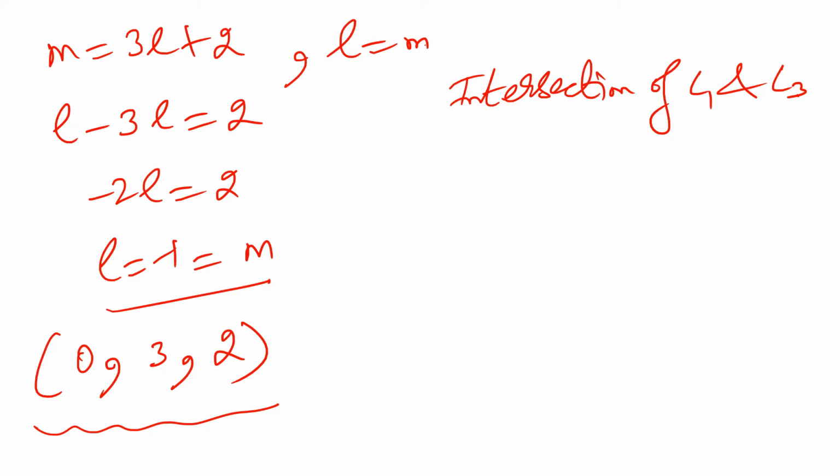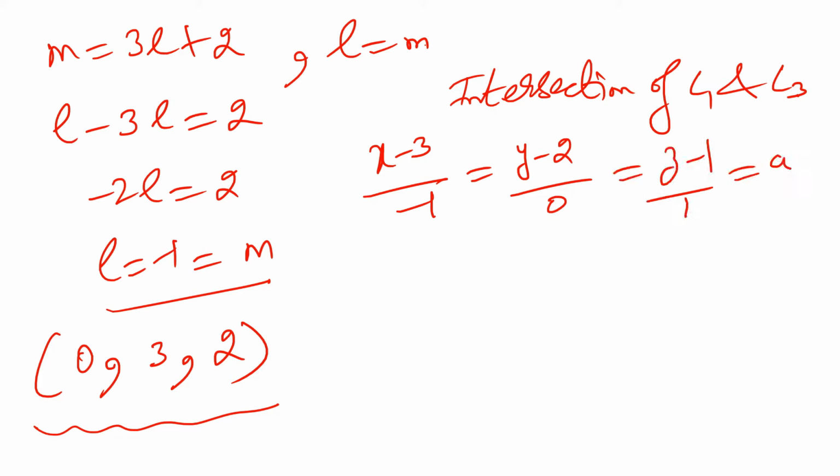So this time I am changing the name of the variable from lambda to a. So it becomes (x − 3)/(−1) = (y − 2)/0 = (z − 1)/1 = a. So the point becomes (−a + 3, 2, a + 1).